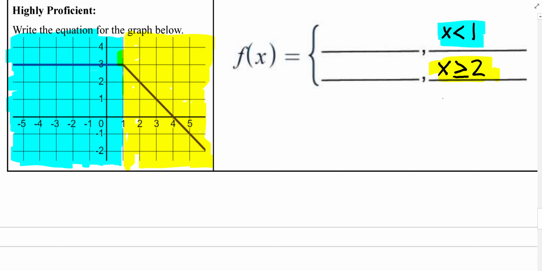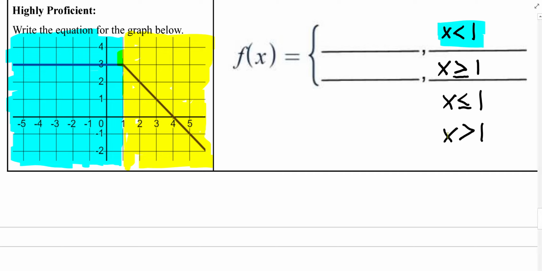Now, if we wanted to, we could have said x less than or equal to 1, and then x greater than 2. Not 2, this should have been 1. Come on, man. All of these should have been 1.